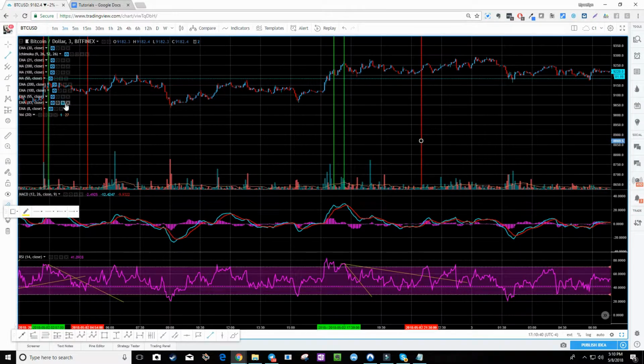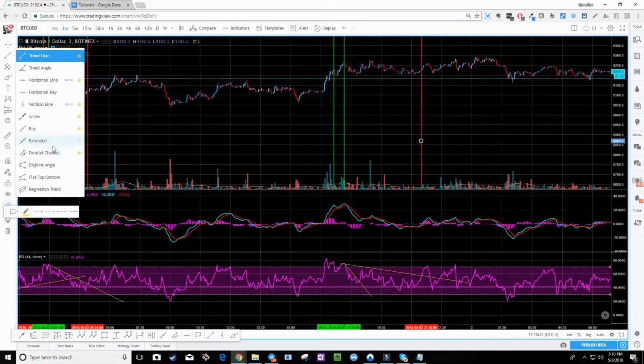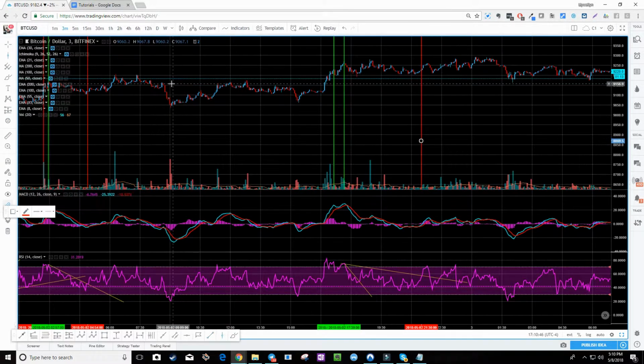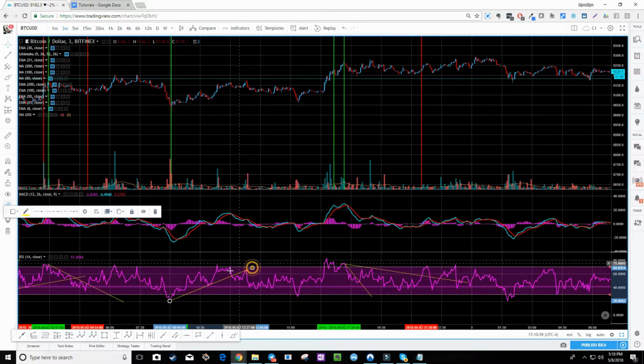You're going to run into cases like here where you can get a few percent just by playing conservatively. You could go long here and draw your trend line like that.